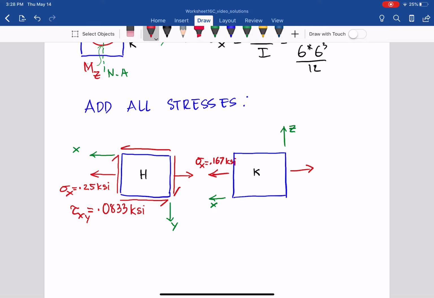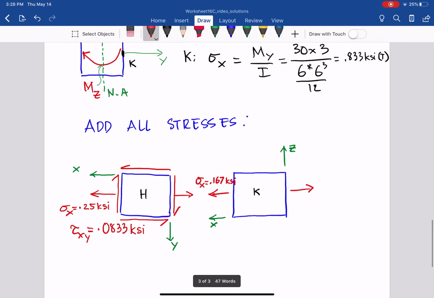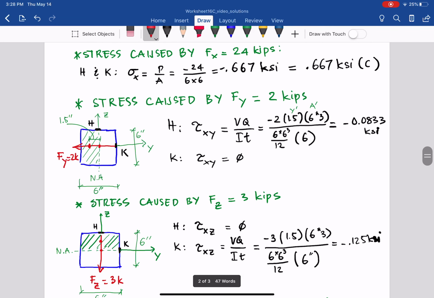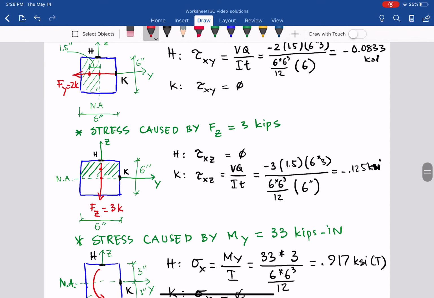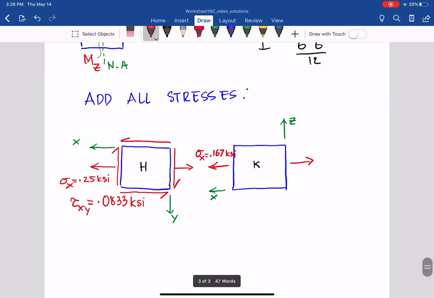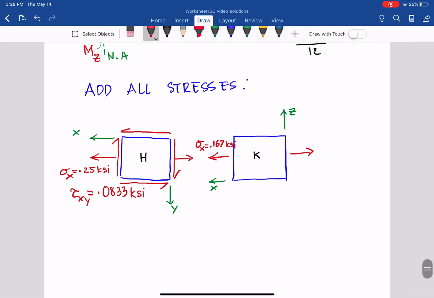And of course no sigma Z. Tau XZ, nothing for K, XZ negative 0.125.